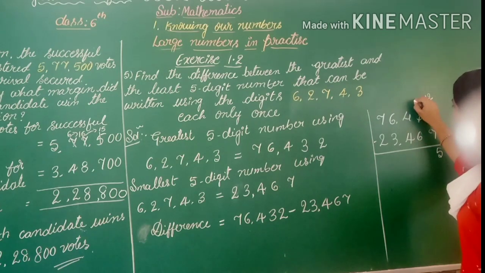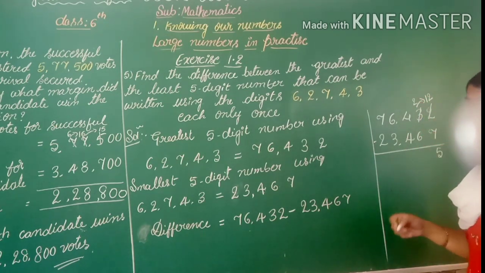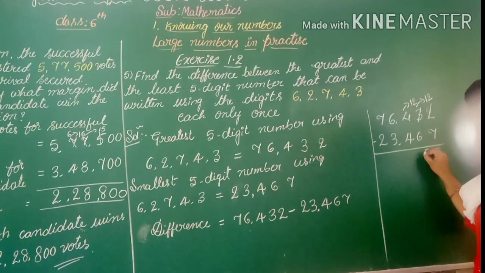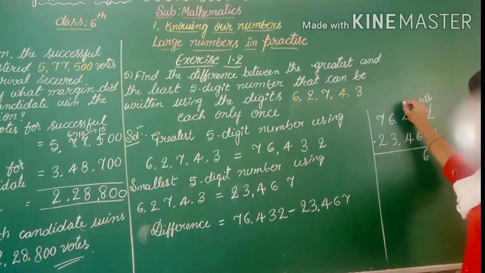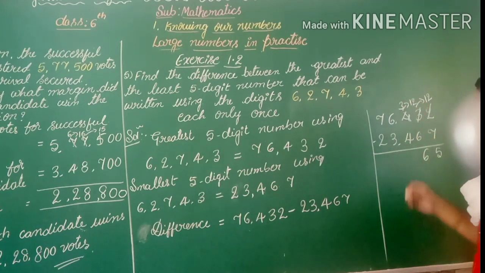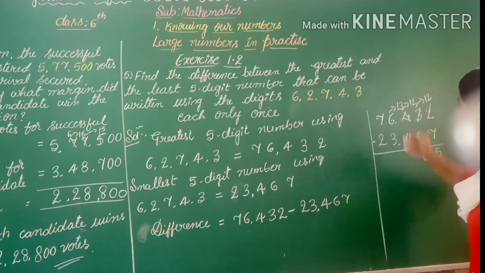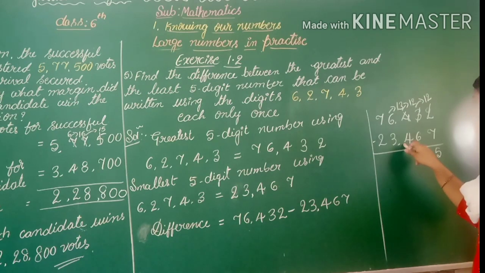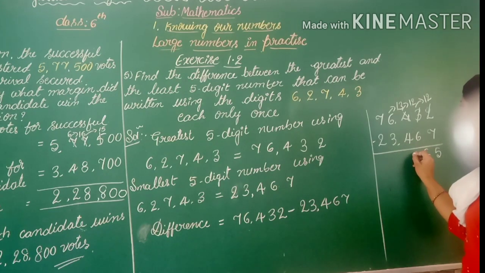Then here there is a 3, so 3 minus 6 we cannot subtract. So take 1 borrow, 13. 13 minus 6 is 7. Then next 3 minus 4, we cannot subtract. Again take borrow. It will become 13. 13 minus 4 is how much? That is 9.